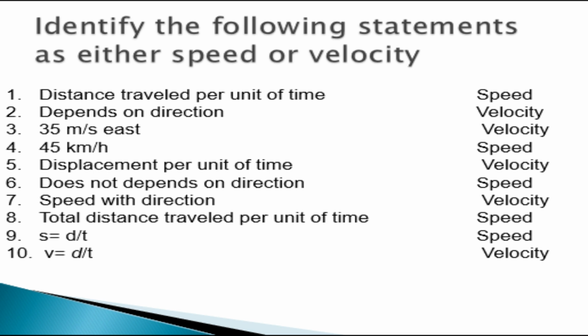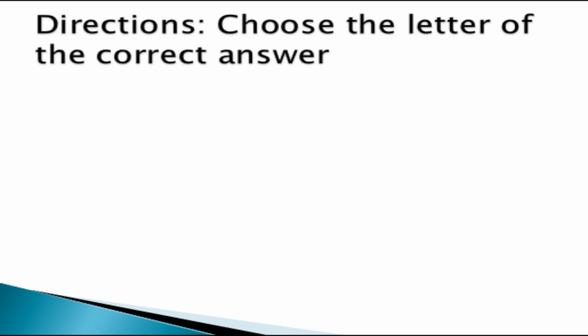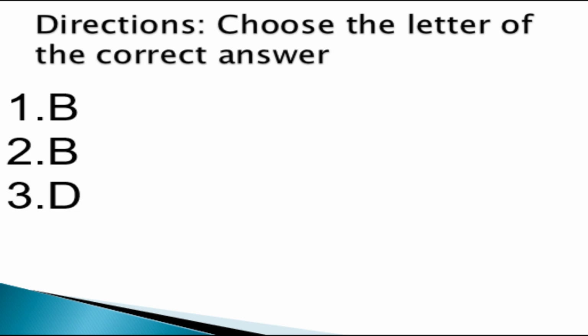And last one, V is equal to D over T is for velocity. For our multiple choice questions, number 1 is B, number 2 is B, 3 is D, 4 is D, and number 5 is letter A.